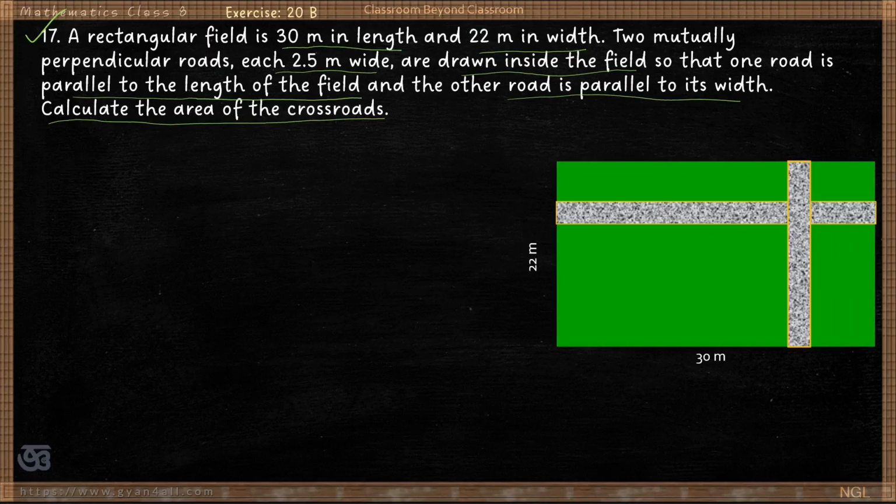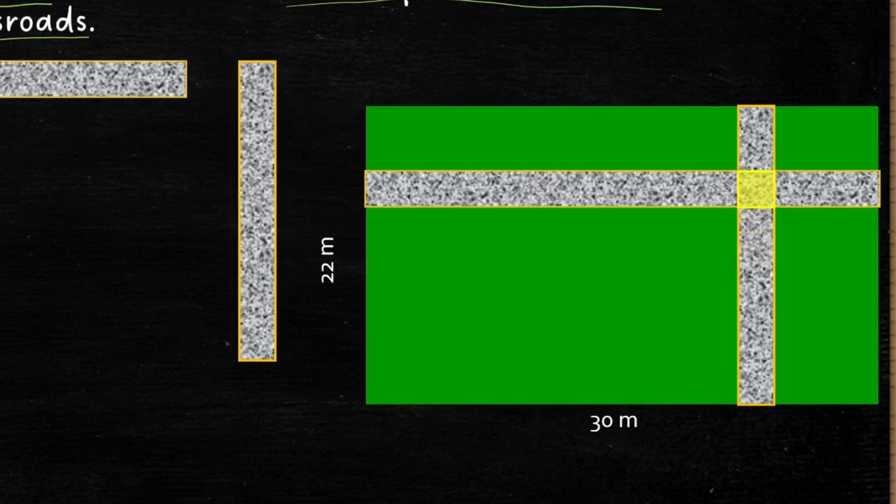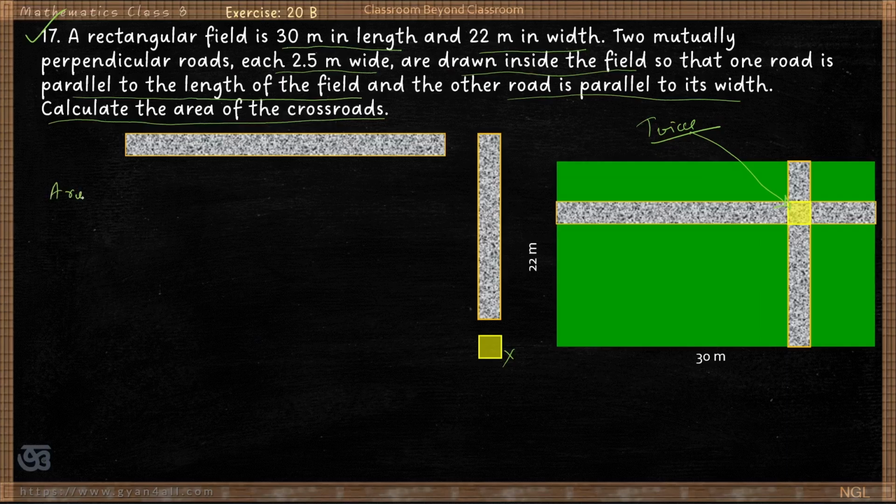What we can do, we can find the area of the horizontal road, then again area of the vertical road. You can see from the diagram, this area is common in both the cases, then this area is counted twice. So that is why we have to deduct this area from the total area.